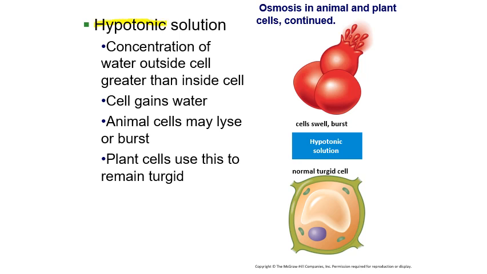So hypotonic means more water and less solutes on the outside than on the inside of the cell. So what's going to happen here is essentially if you've got a higher amount of salt on the inside of the cell, water is going to try to rush into that cell. So it's going to head in the cell to try to dilute the salt that's on the inside of the cell to get us back to an isotonic concentration.